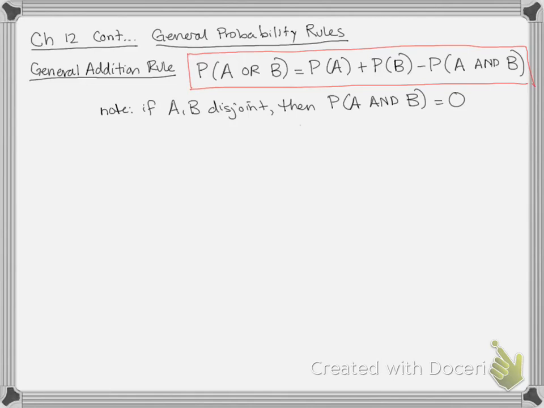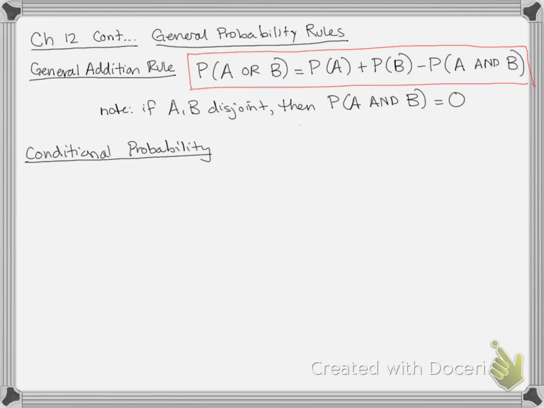Okay, now on to conditional probability. A conditional probability starts with an event occurring prior to another.